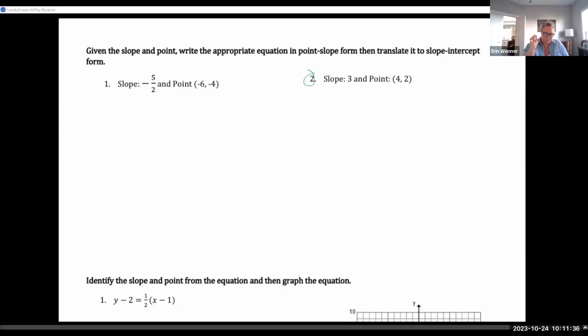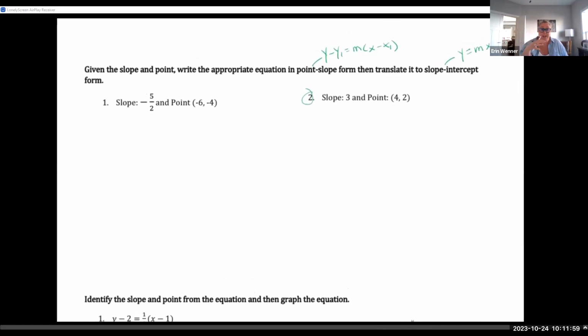So remember, point slope is going to be y minus y1 equals m times x minus x1. But then slope intercept is y equals mx plus b. Now, important things to notice between those two formats: one has parentheses, one does not.